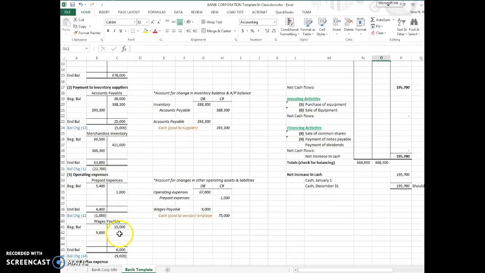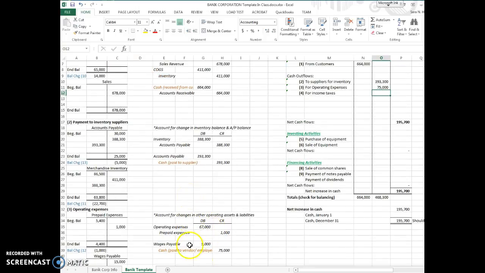Whereas with wages payable, we saw a liability account go down, which means we incurred the expense in a prior period, but we hadn't paid the cash out yet. So in this case, we had to add the $9,000 to the $66,000 after we dealt with the prepaid expense change. I hope that explains why we came to the $75,000.